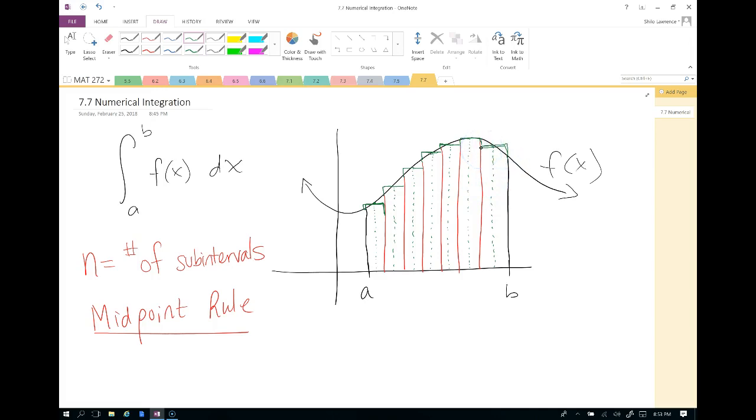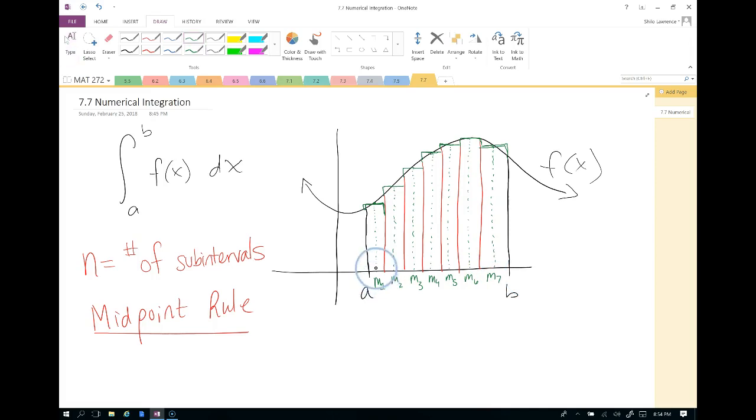But like I said, we can't always use our integration techniques. This might be a function that we don't know how to integrate, or it might be tabular data, so we don't even have the option to integrate a function. So we're going to call these m sub 1, m sub 2, m sub 3, m sub 4, m sub 5, m sub 6, m sub 7. So I split my interval up into 7 subintervals.